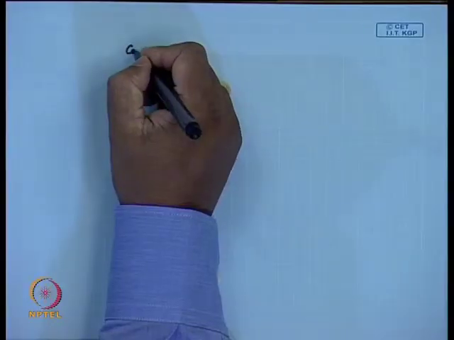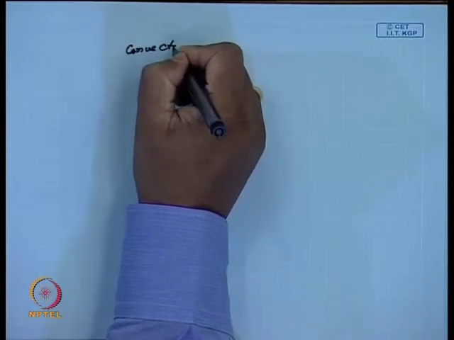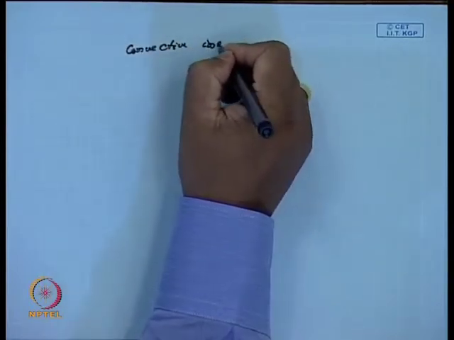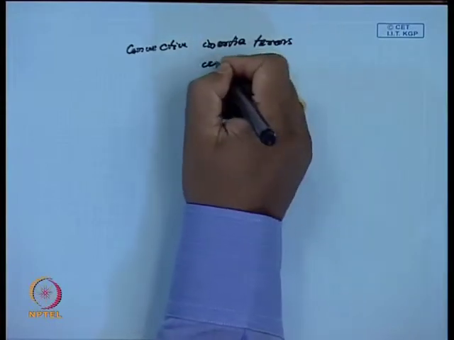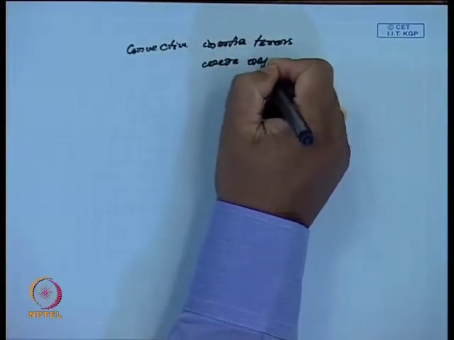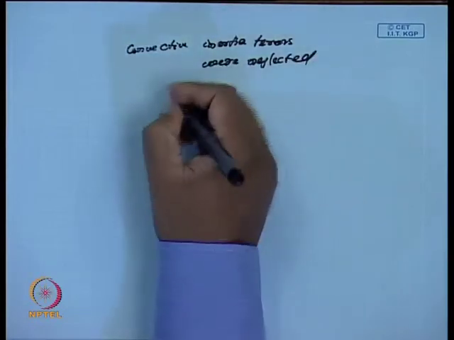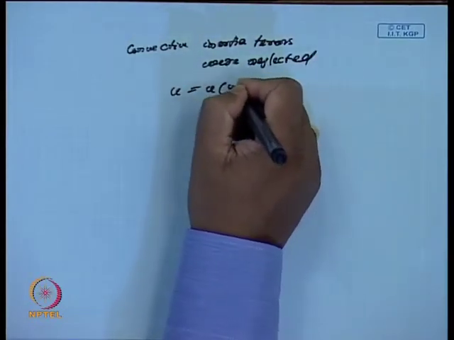In the case of unidirectional flow, we had a pressure gradient term, but the convective inertia terms were neglected, and we had called our flow u is equal to u of y, t.